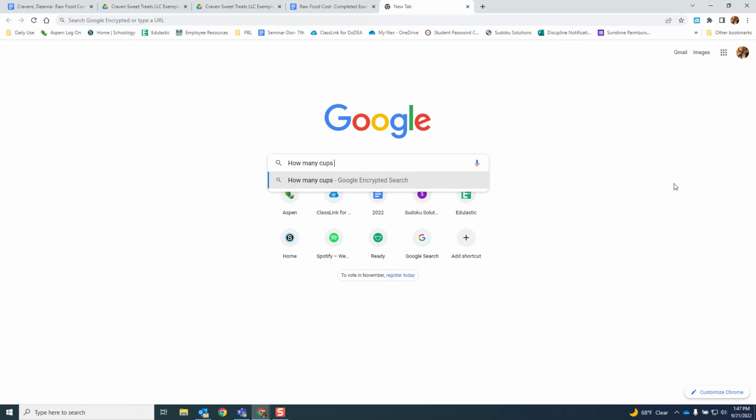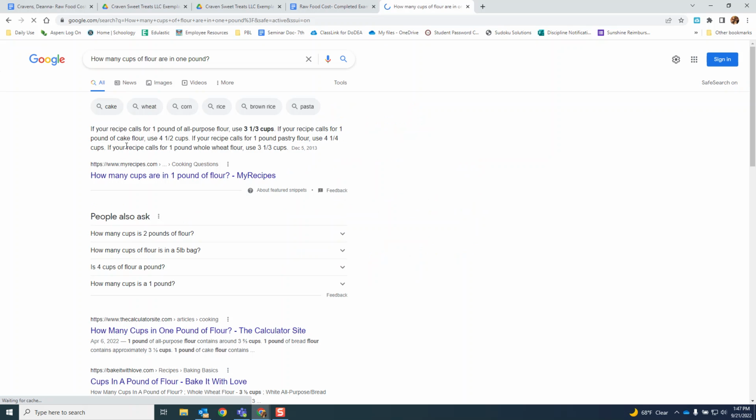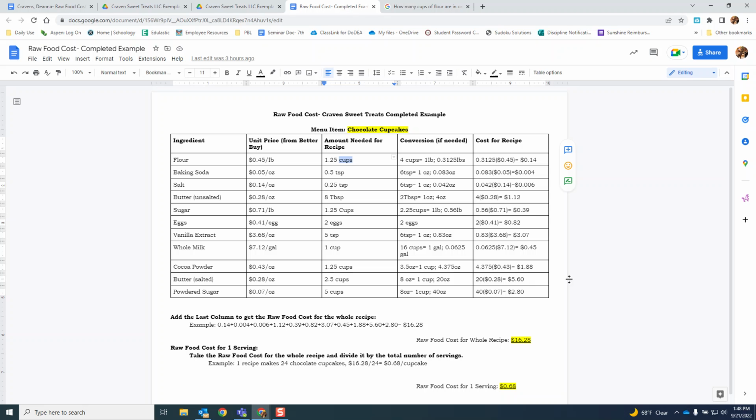How many cups of flour are in 1 pound? Okay, you can get some different answers, so you might have to research a little bit. For mine, it is usually 4. So 4 cups is about 1 pound of flour.